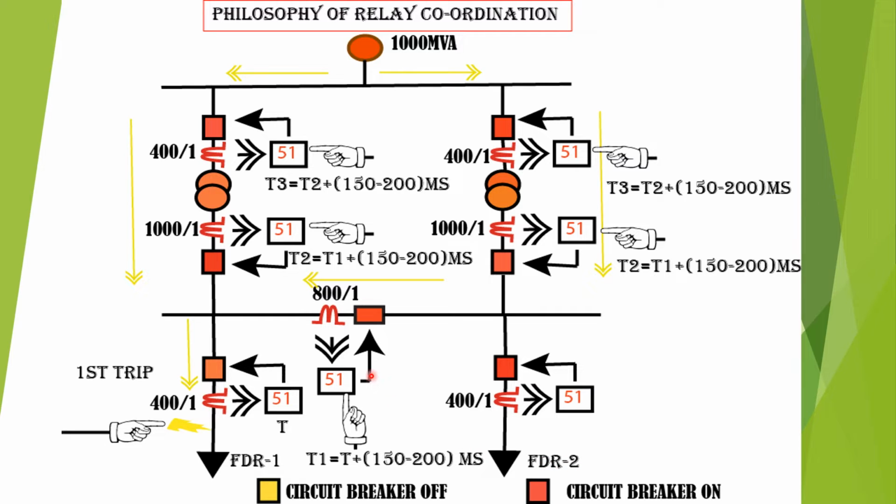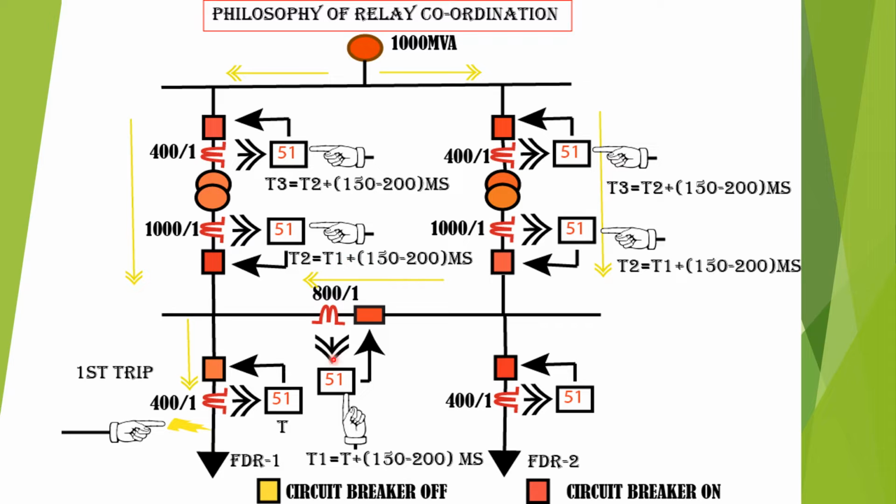So again, if this bus coupler breaker trips, the fault is isolated between each side of the bus coupler, but the fault current will still persist from this side. So in this case, the relay which shall send the trip signal to the circuit breaker of the LV side of the transformer has a grading margin, that is T1 plus 150 to 200 millisecond.